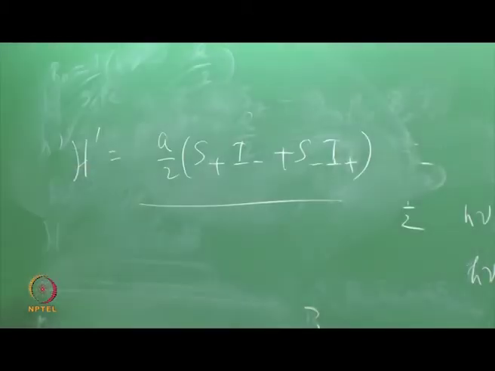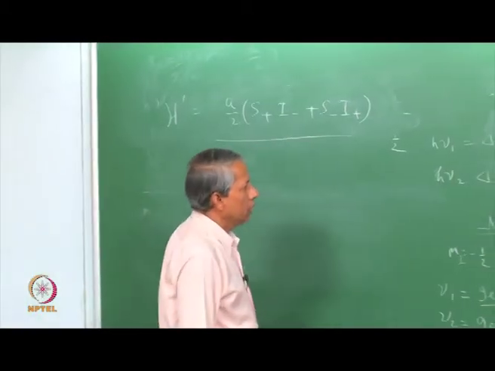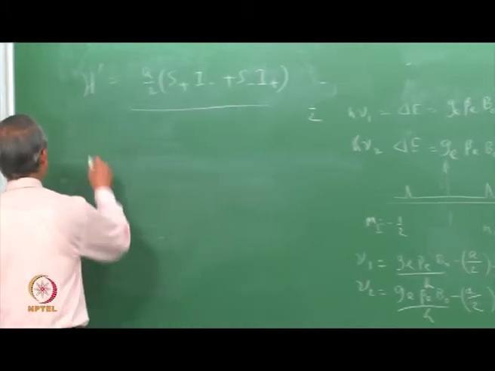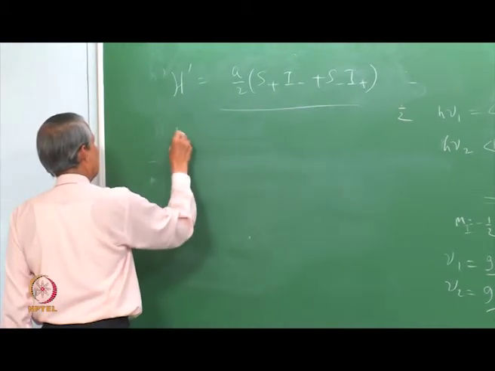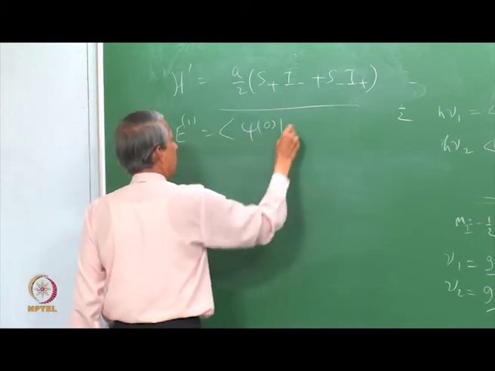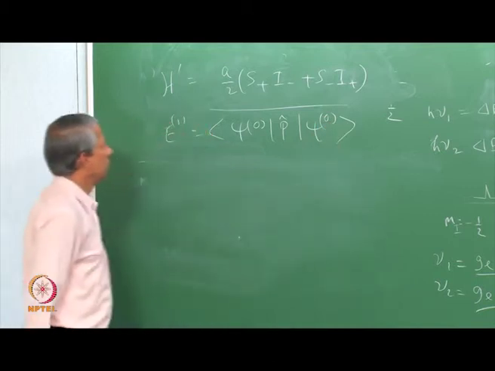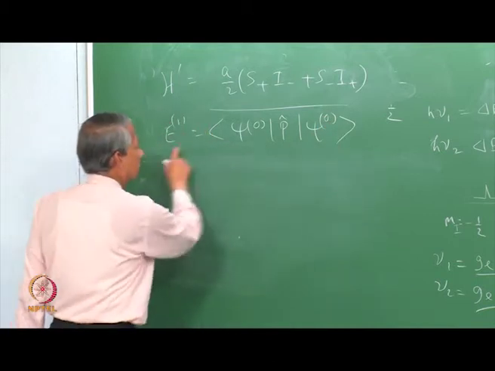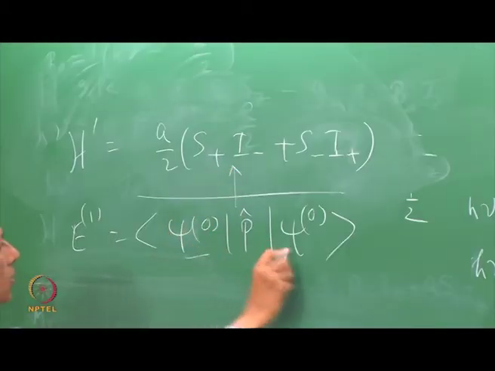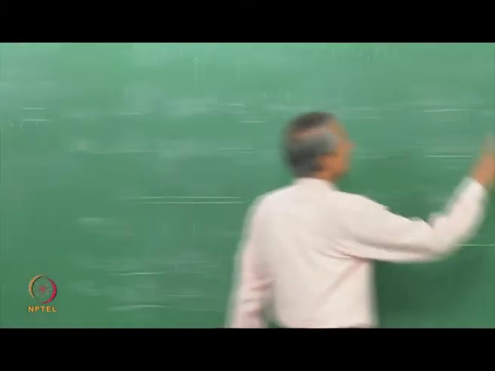Now, the effect of this can be seen by considering the first order calculation, let us say E1 calculation given as psi 0 perturbation psi 0. Here this is the perturbation and these 0th order wave functions are the wave functions that we have here.